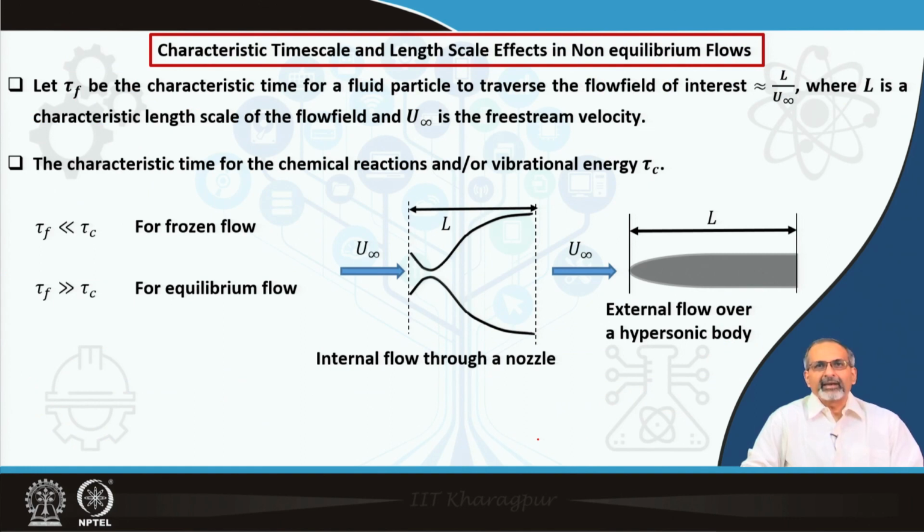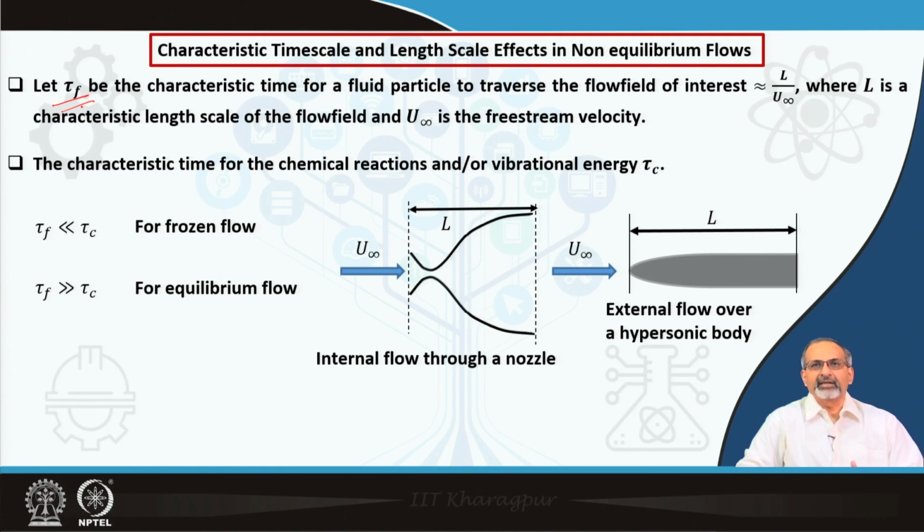Let us come to characteristic time scale and length scale effects in non-equilibrium flows. We define tau f as the characteristic time for a fluid particle to traverse the flow field of interest. So, we introduce a characteristic length scale capital L and a characteristic velocity, which could be a free stream velocity, for example, for an external flow, or it could be a changing velocity through a nozzle.